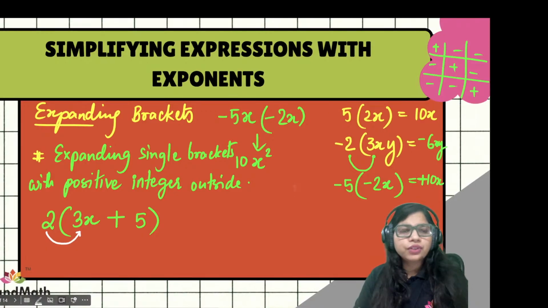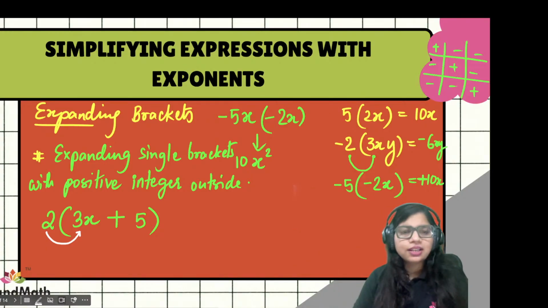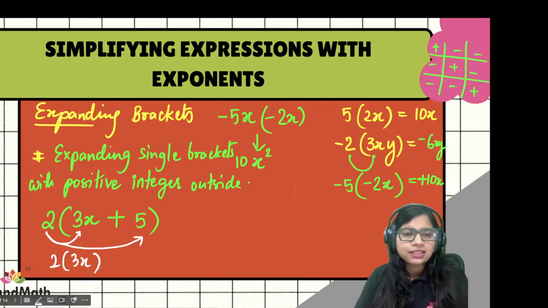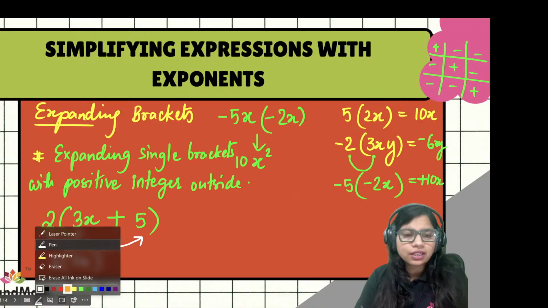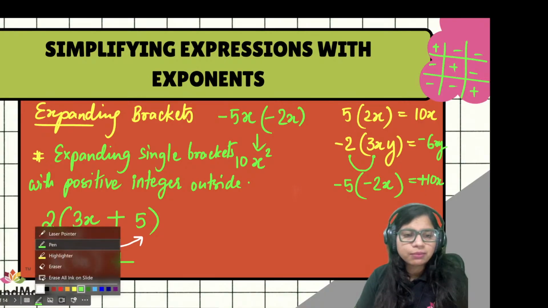Right? So what we do, this 2 is the guest coming to the house. So 2 will meet 3x. Hi, hello 3x, how are you? So 2 will meet 3x, and then this 2 will meet 5 as well. There is a plus sign, just copy down the plus sign.